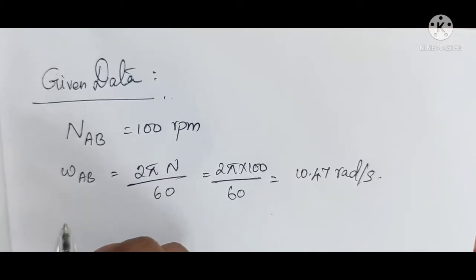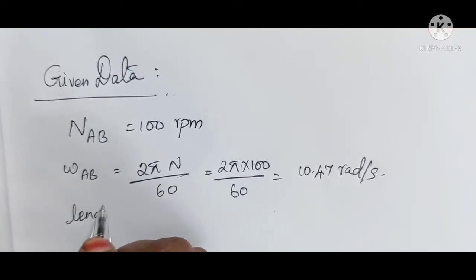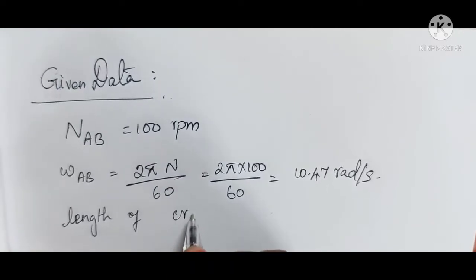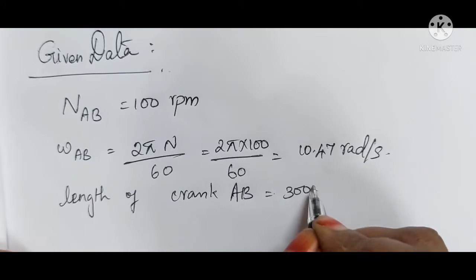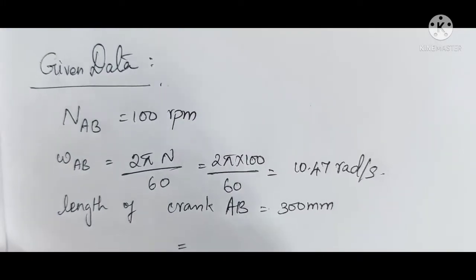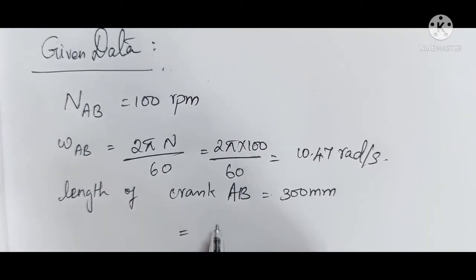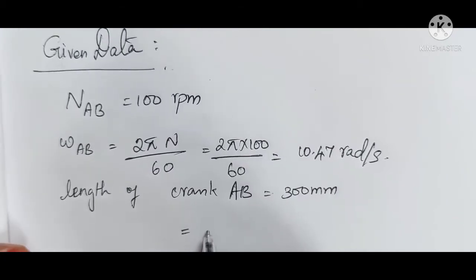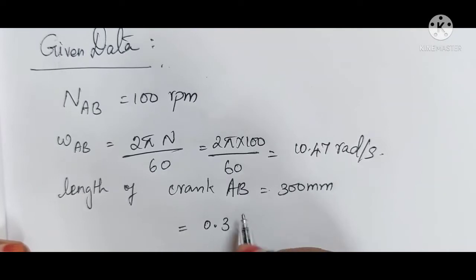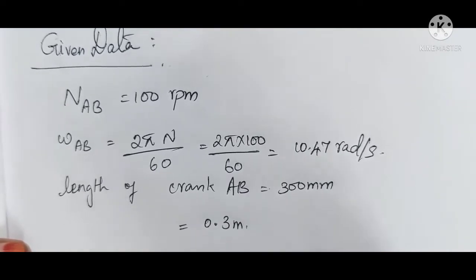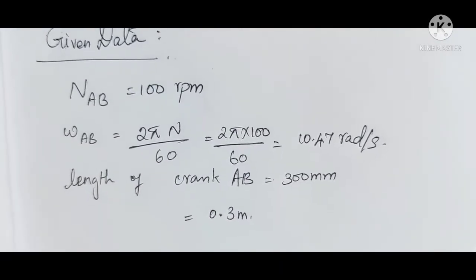And then the length of the crank AB equal to 300 mm. Everything should be converted into the same standard units, so 300 mm converted into meters: 300 into 10 power minus 3 gives 0.3 meter, the link length of the crank.